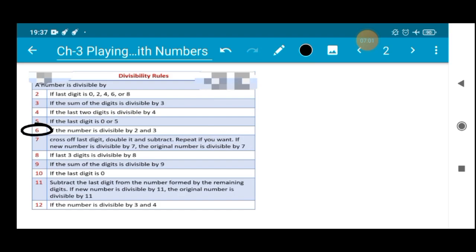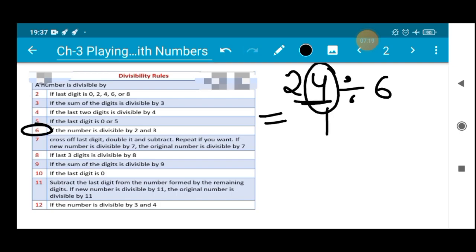Okay, so let's see, we have 24. We have to check whether this number is divisible by 6 or not. First of all, we have to check whether it is divisible by 2 or not. To check that, we have to see at the ones position whether it is even or odd.